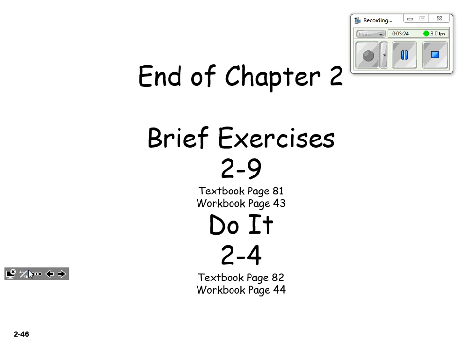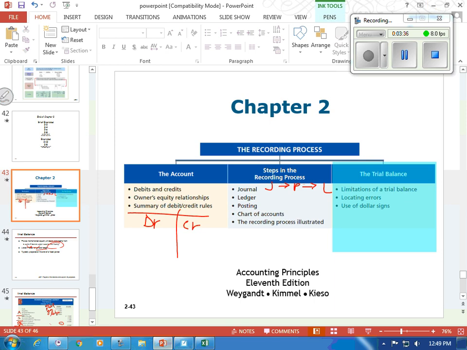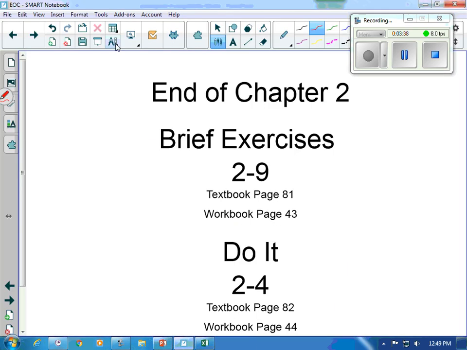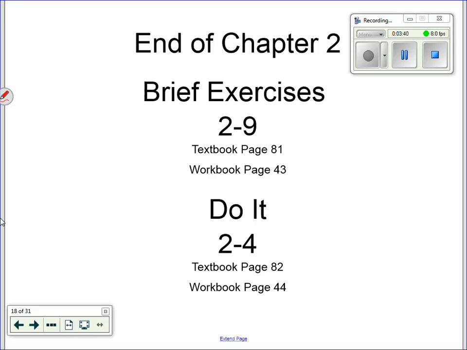So let's do brief exercise 2.9 together. Looks like we're on page 81 in the book.